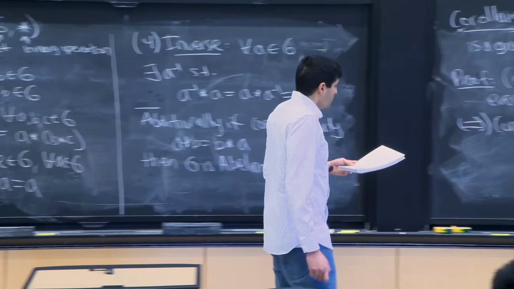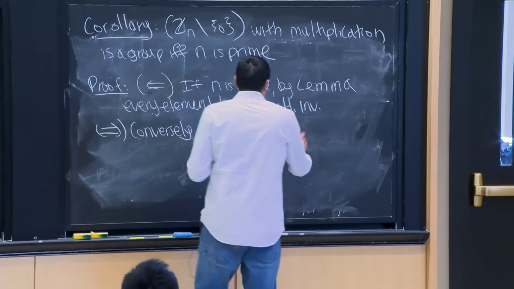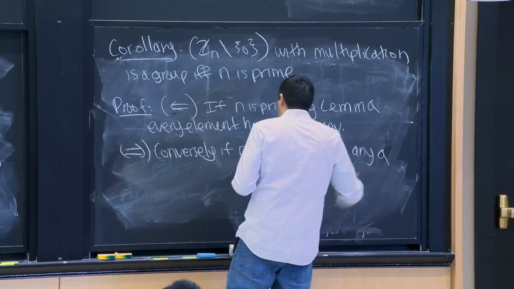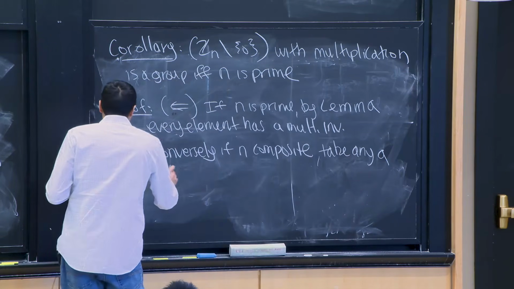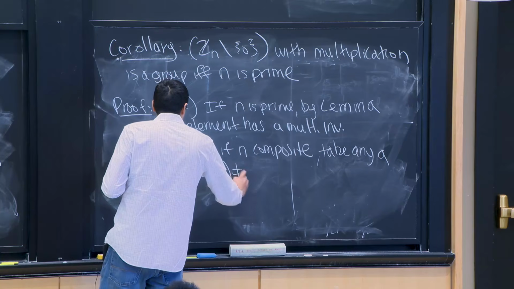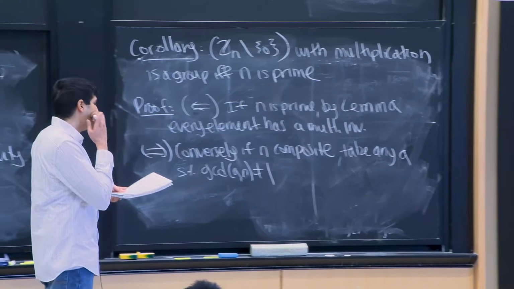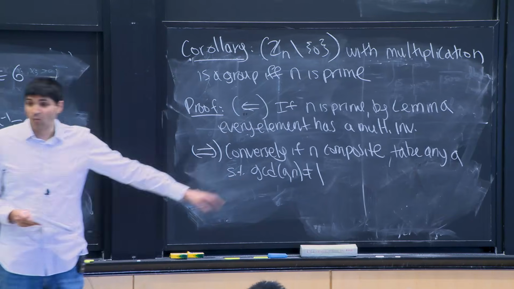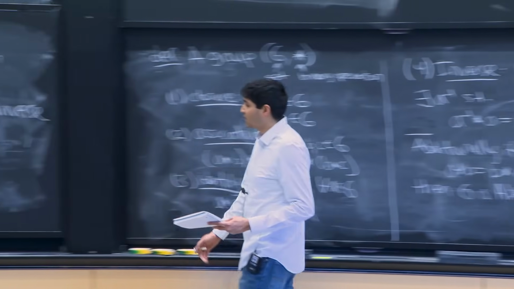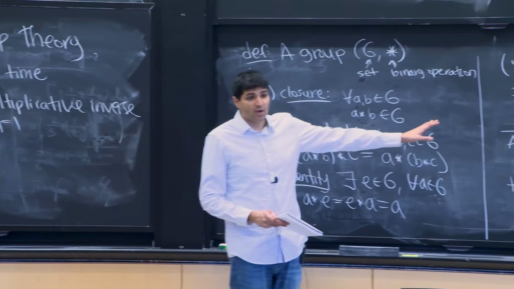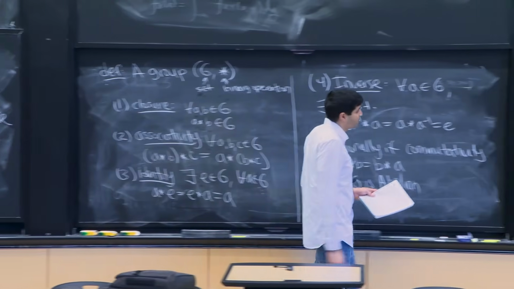So let's just take any old element A with the property that the GCD between A and n is not equal to 1. The lemma tells us the work is already done for us: that element does not have a multiplicative inverse, so it fails property 4 of being a group.